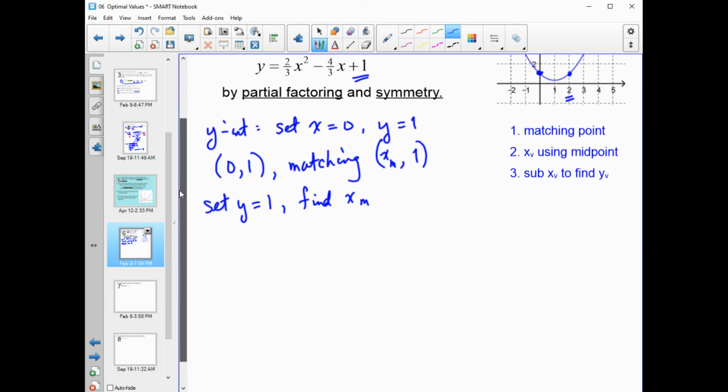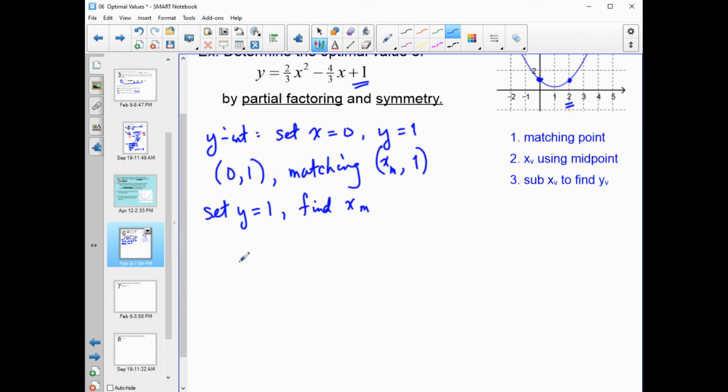So what is our equation? Instead of y equals, I'm going to say 1 equals 2/3 x squared minus 4/3 x plus 1.